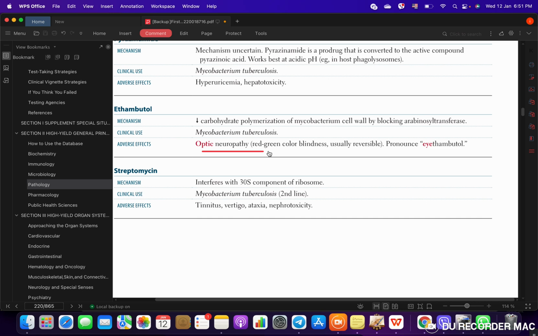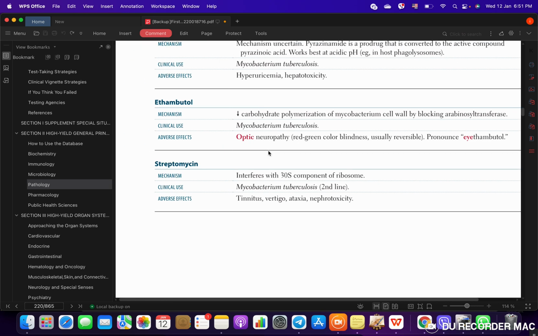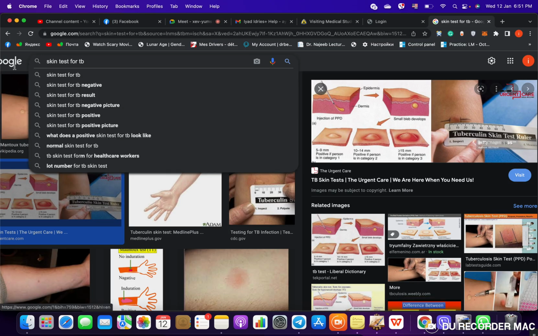Adverse effects include optic neuropathy, like red-green color blindness, usually reversible. Wait a second. So they are telling us red-green color blindness? That sounds familiar. Which other drug I told you about can lead to a problem with the vision?